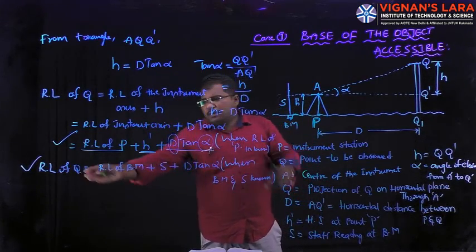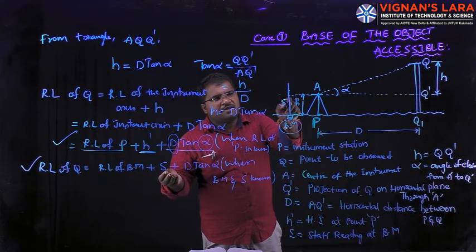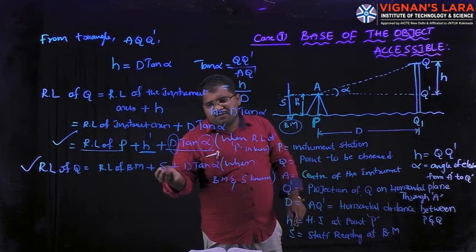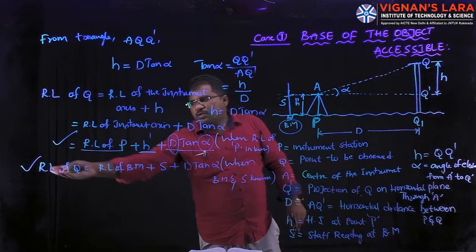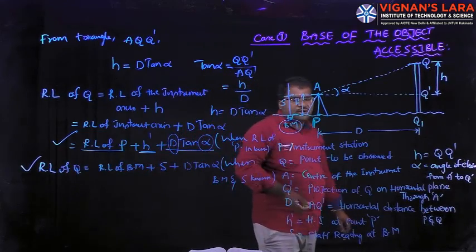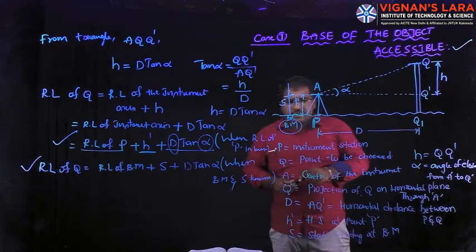The same thing proceeds when the benchmark value is known, then S value, the staff intercept on the leveling staff, we know, and D tan alpha again we know. With the help of all these values we are going to find out the RL of Q. So this is the case when the base of the object is accessible.